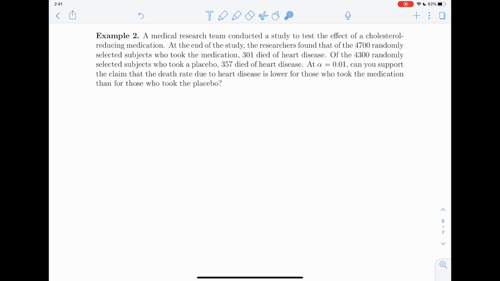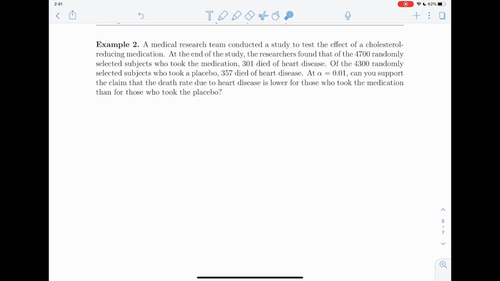This actually is a fairly realistic type situation where this type of statistics actually comes into play. Because what we see is, on the surface, it seems like more people were saved by the medicine, but they also sampled more people. So the question is, is this actually indicative of any significant change?